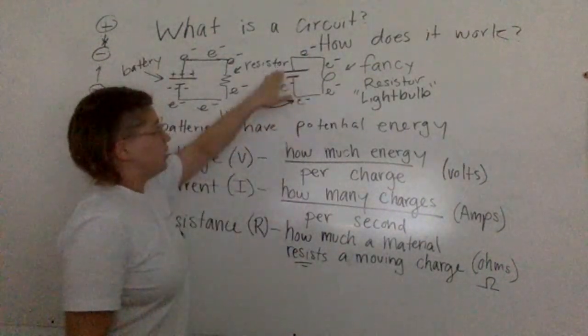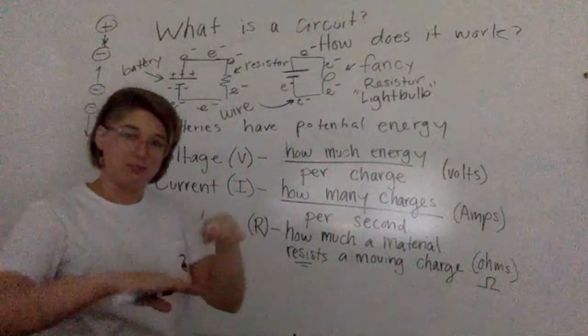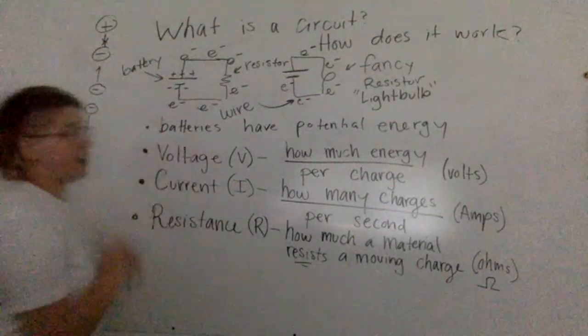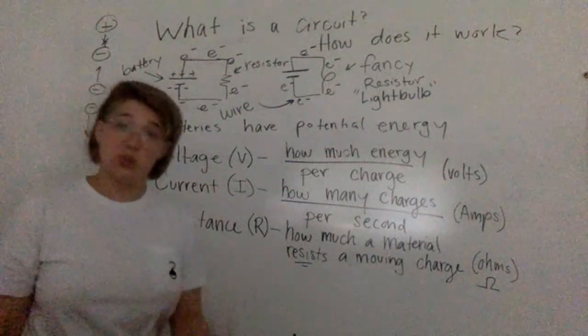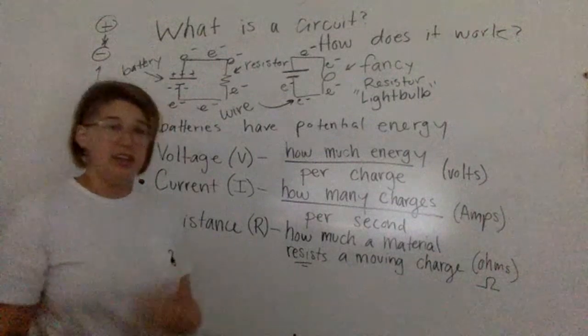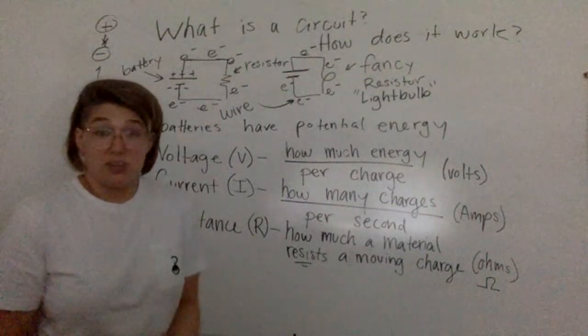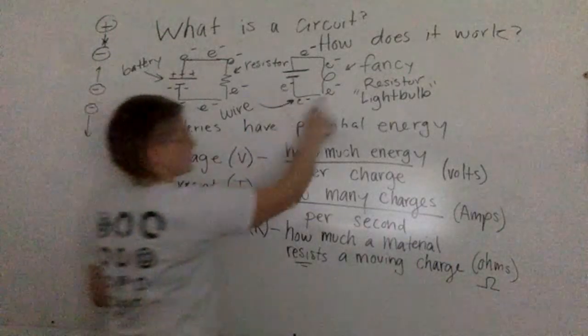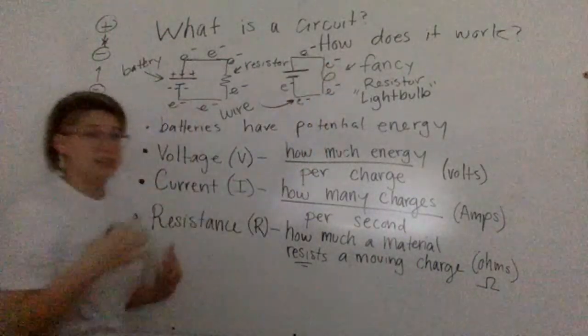By the time it gets back to this side, it has no energy left. All batteries have potential energy, stored in chemical form, but we can use that to make light, heat, and various other things move. That's how all of our tools harness the power in these electrons to make things happen.